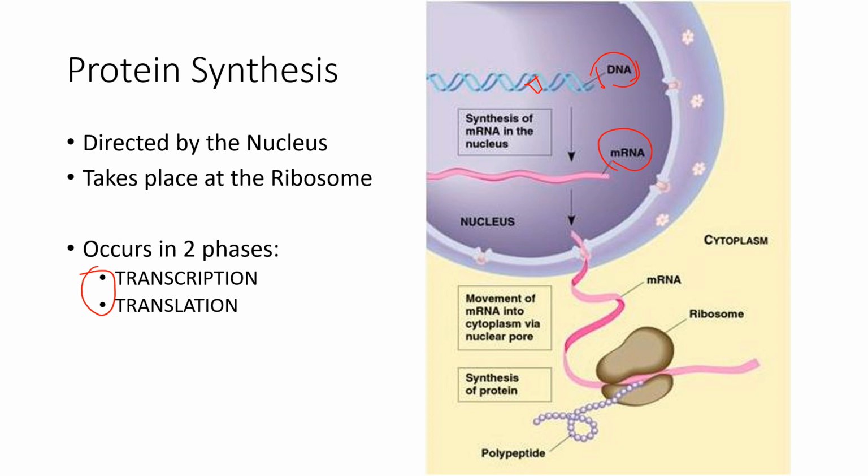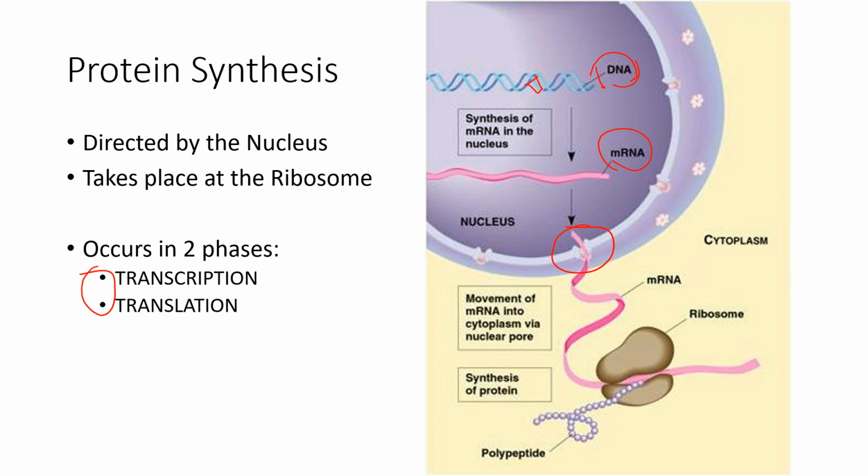Now, because DNA is in the nucleus all the time, it can never leave the nucleus, it will write the instructions on a messenger RNA strand, which, as you can see, will leave the nucleus. Okay, so the process of going from DNA to messenger RNA, that's transcription.